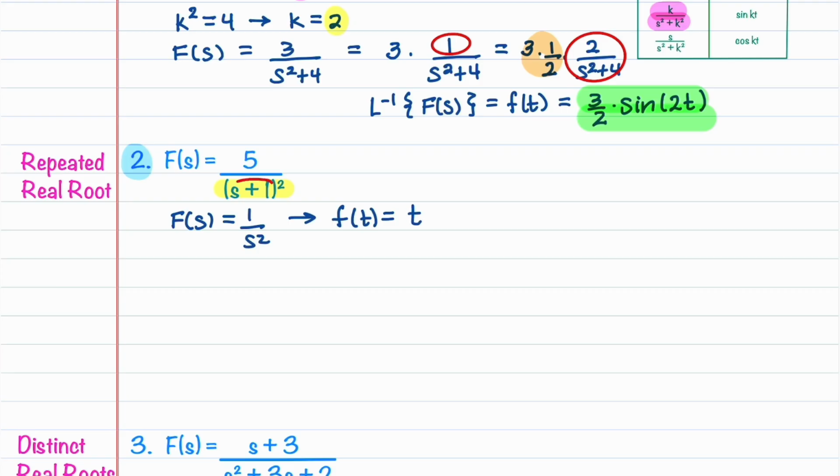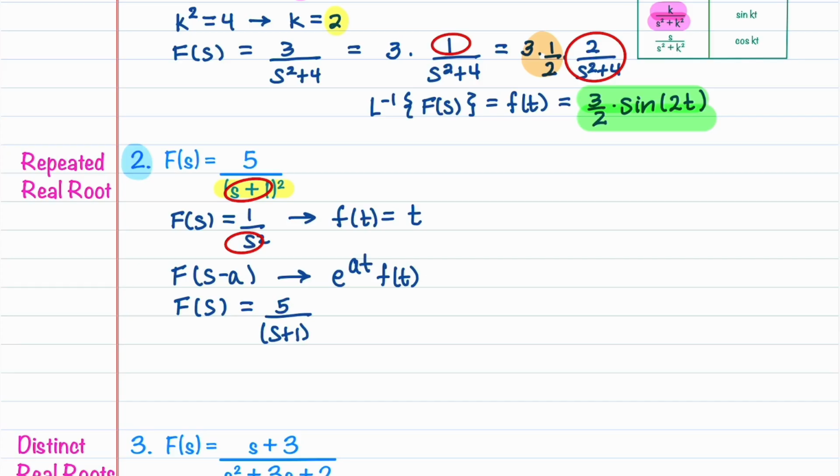Since we have s plus 1 and not just s, we need to use the translation property. That property tells us that capital F of s minus a corresponds to e to the at times f of t. Let's now rewrite the function that we're given. We're given that capital F of s is 5 divided by s plus 1 squared.